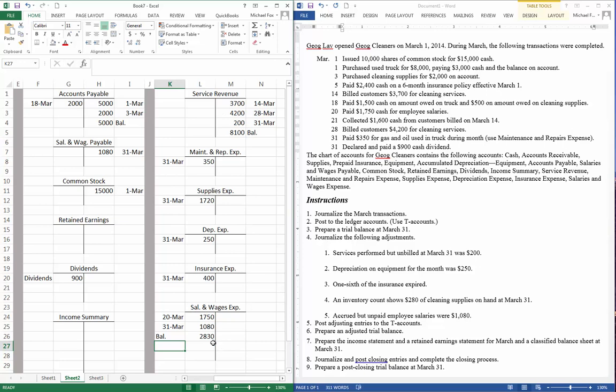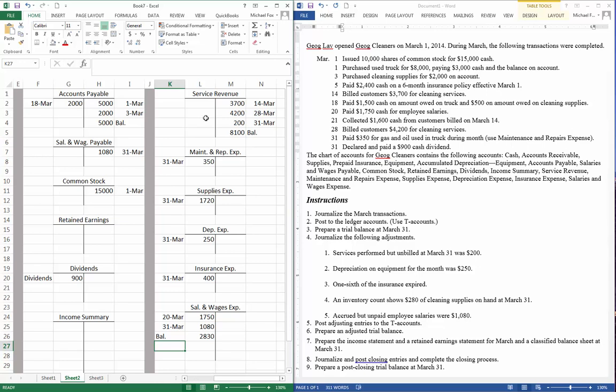So if I want to make the balance of dividends 0 and it's got a debit balance of 900, then I have to do a credit entry of 900 to make it 0. So that's the process we're going to go through here. So if our service revenue account, let's see, it tells us to do journalize and post.